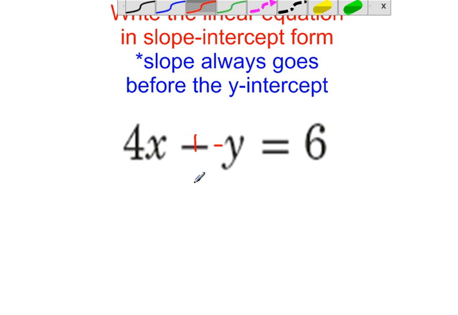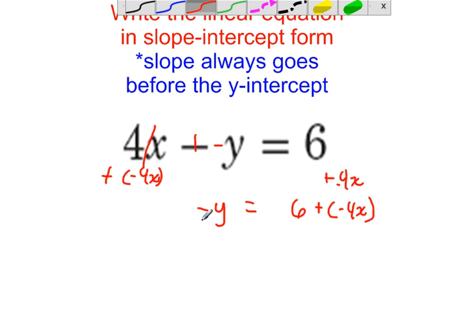That's the keep change opposite rule. Now, we want to move the 4x away from our y, so we're going to add negative 4x to both sides. So we end up with negative y, as this cancels out, is equal to 6 plus negative 4x.